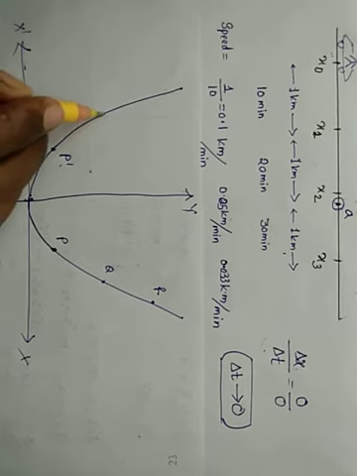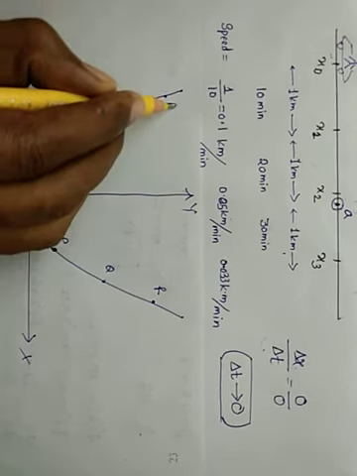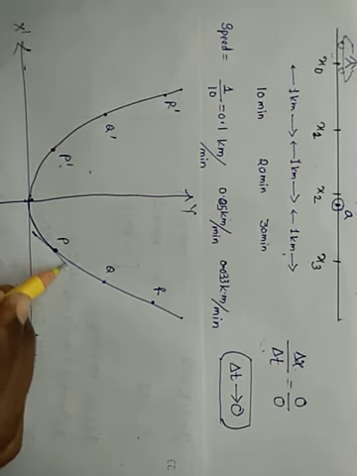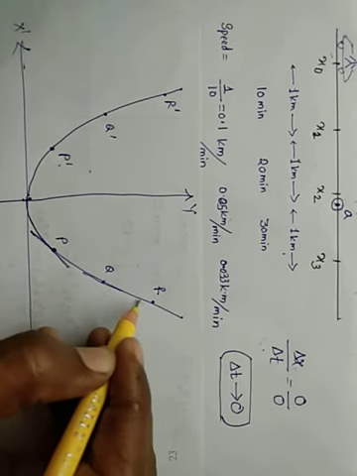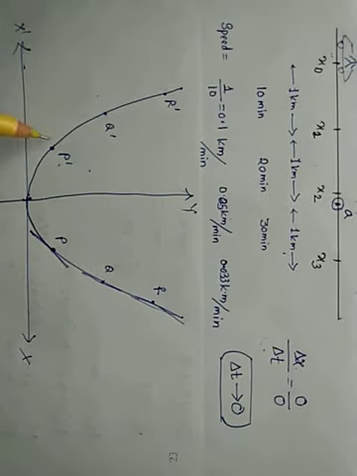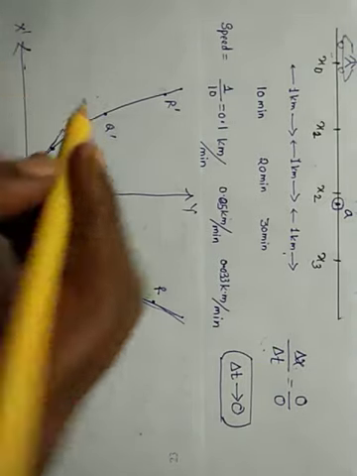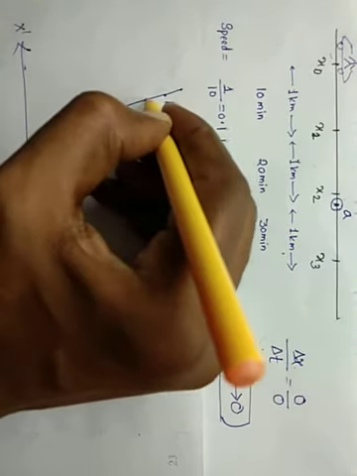You can see its mirror image directly, Q dash. This one is R dash. Then children, you can draw a different tangent over here, at P, at Q and at R. You will get different tangents. Similarly on this side also, you will get this tangent, this one. It is like this.